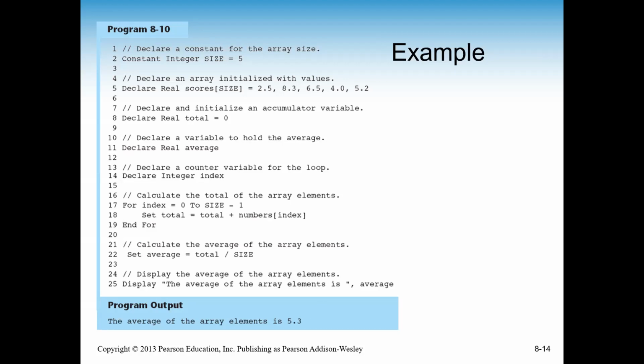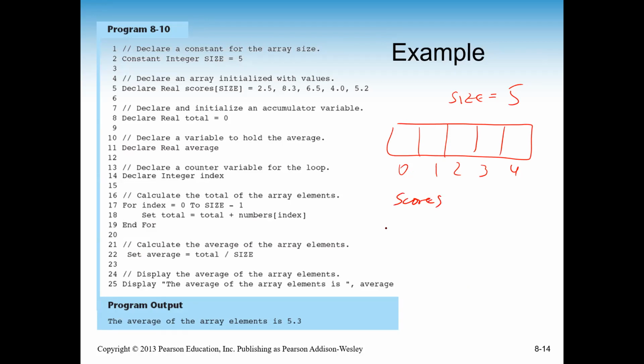So let's see. Declare a constant for the array size. There we go. So it's size 5. Just going to draw it out. Size. There are 5 elements. It goes from 0 to 4. And it's called scores.